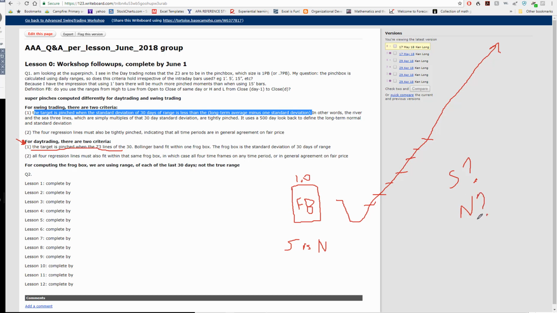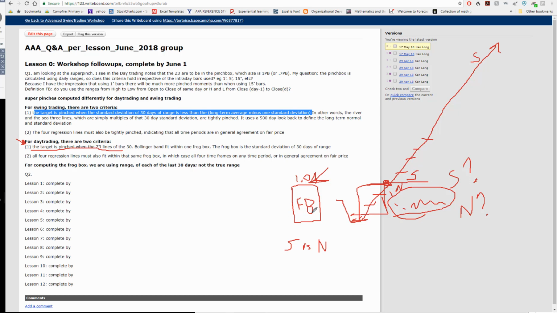If it was noise, we would expect it to do this and start chopping around. How can I distinguish between a signal and noise in all of this noise in here? Well, as a mathematical definition, we're just using, for intraday trading, a frog box 1.0. So if we had a low of the day, and this thing moved one frog box off the bottom, when it leaves that, this is the boundary between signal and noise. Okay?